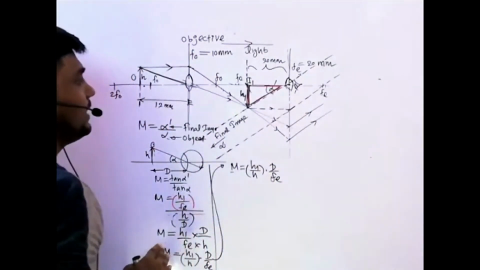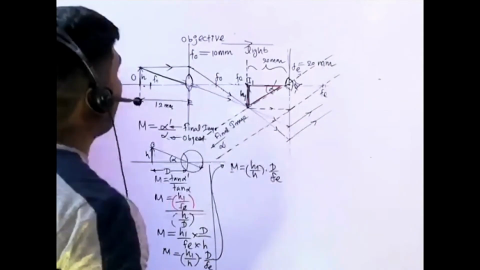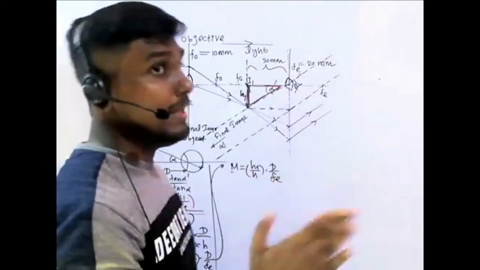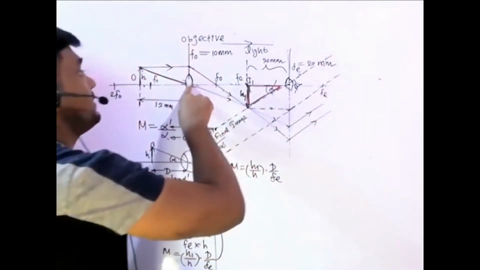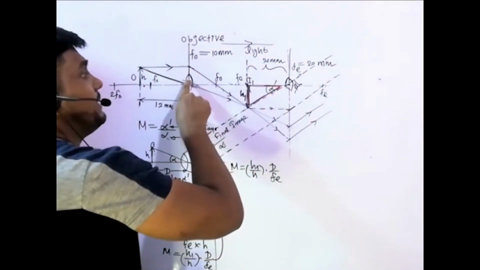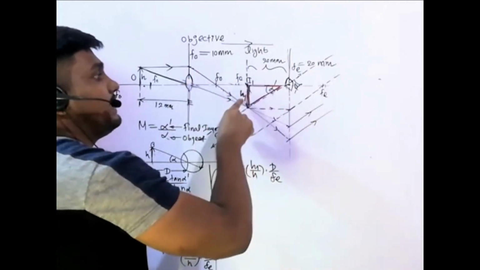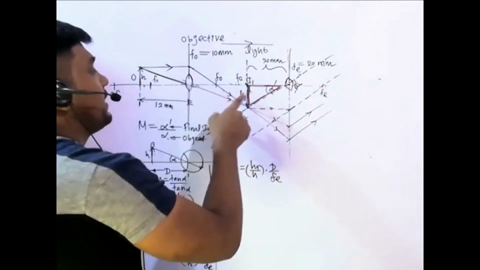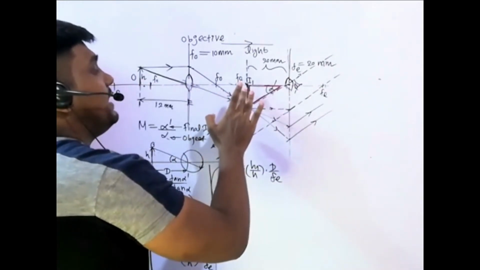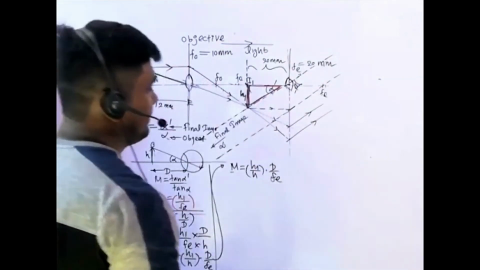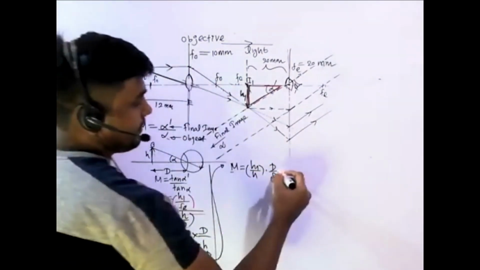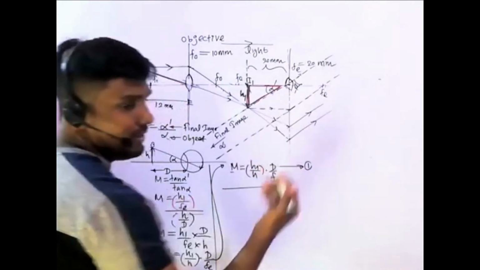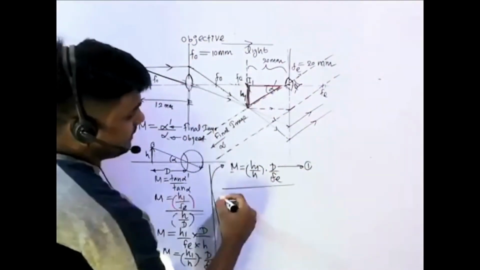How can we get the H1 over H ratio? H1 is the image height produced by this lens, the image here, and H is the object height. Can you remember the linear magnification of this lens? I keep this as my equation 1.